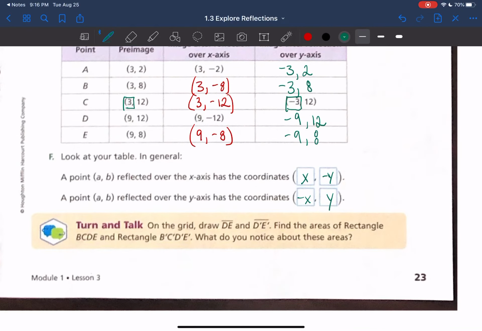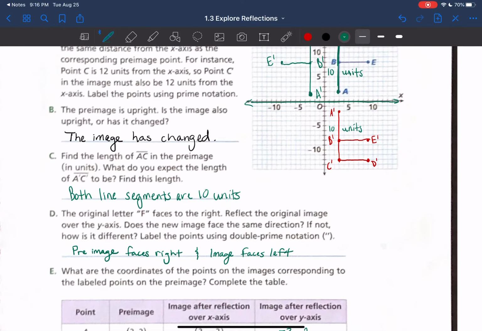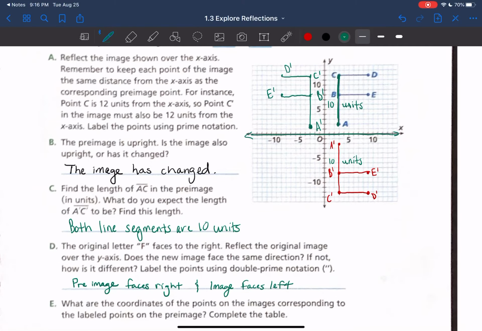On the turn and talk, if you were in class, we would be discussing the distances of the DE segments, and we would notice that those distances remain the same. The distance between D and E is 4 units, and it is also 4 units here as well.